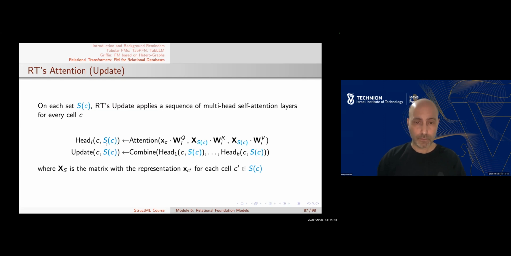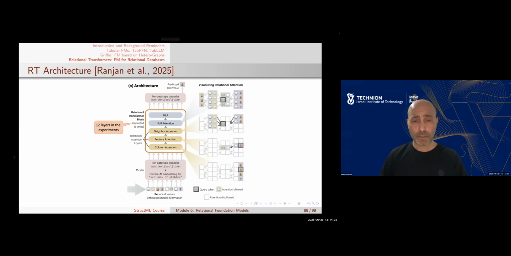Again, to each set, we apply this attention layer and then combine them. Basically that's it.